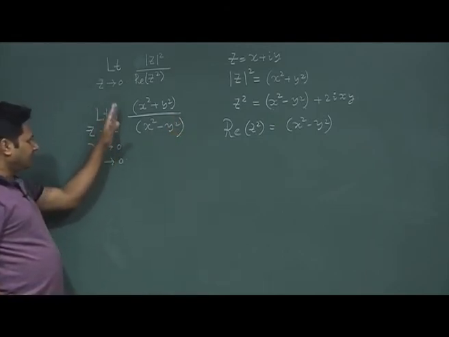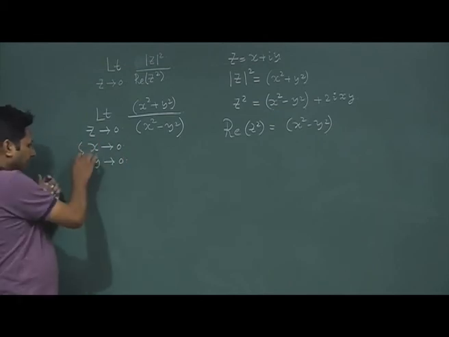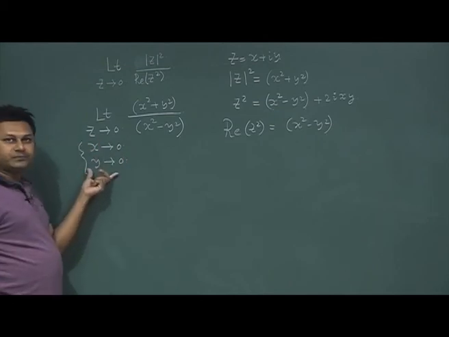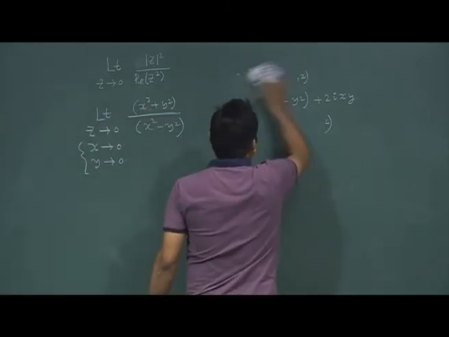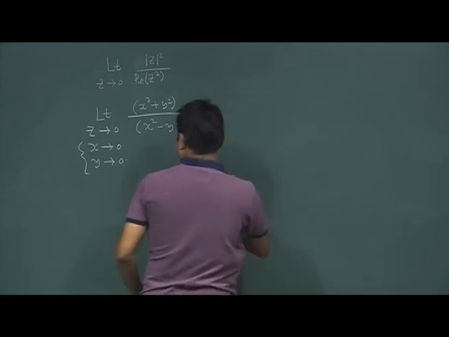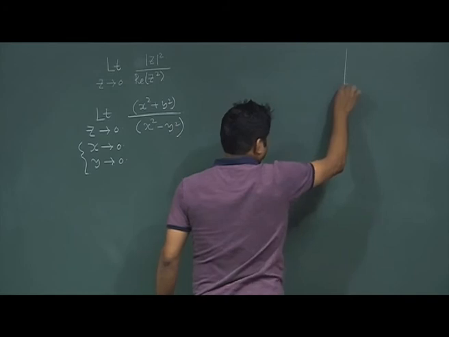So this is the limit I need to find out. Limit as z tends to 0 essentially means this, right? Now I will do it one by one and check. Before that, let me draw one thing here.